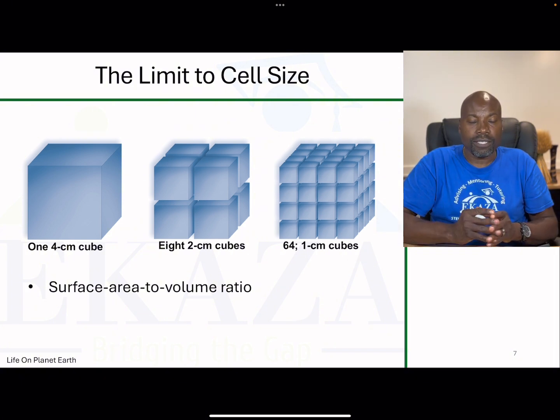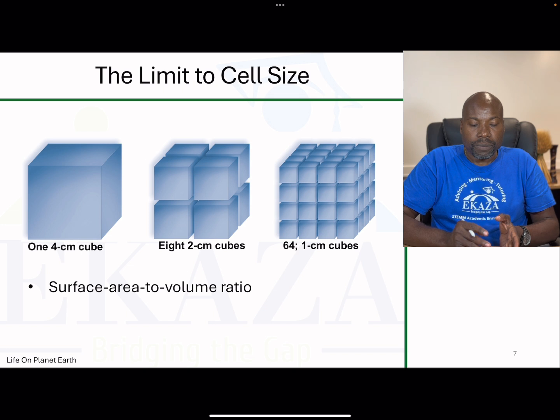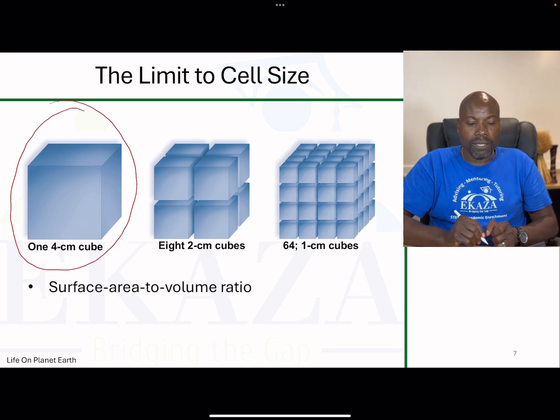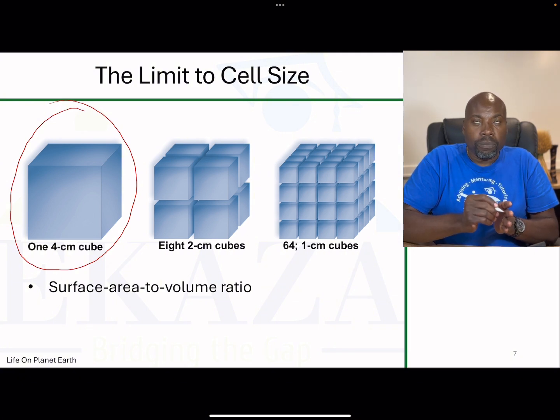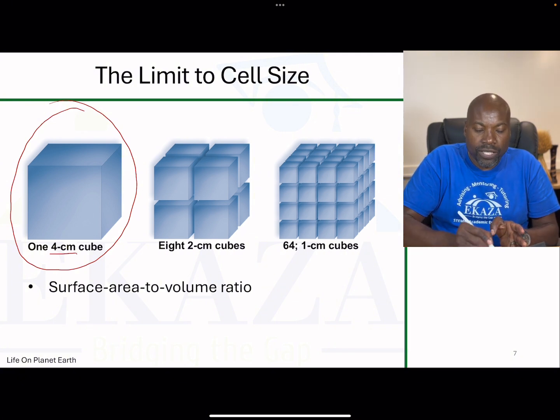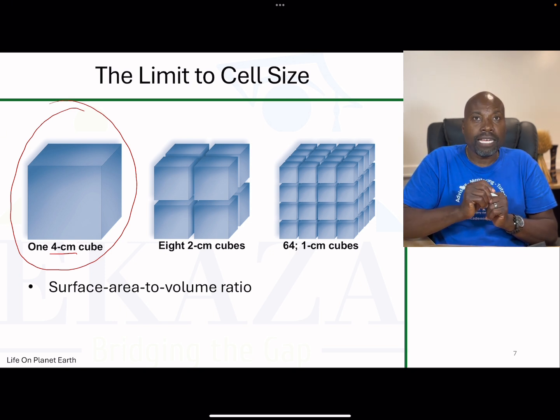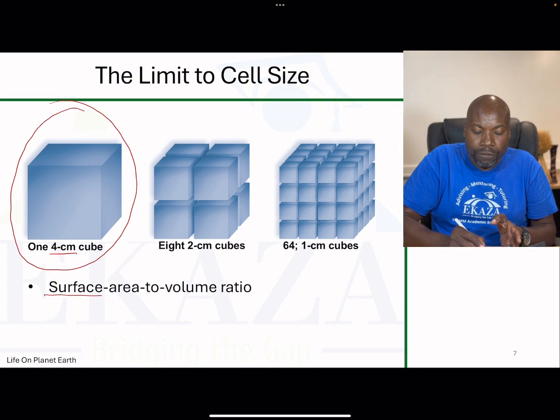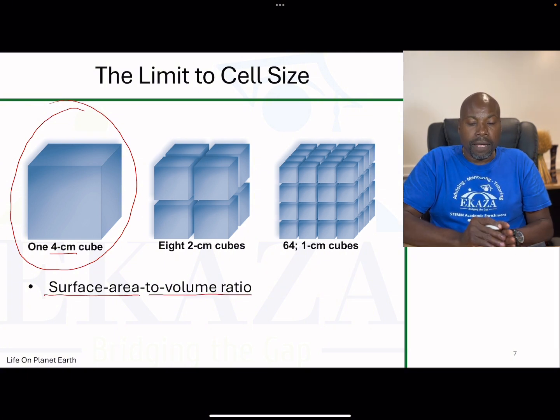So, for instance, if you consider this cube here, it's one single cube and each side is 4 centimeters. So that's one 4 centimeter cube, right? That 4 centimeter cube has a certain surface area to volume ratio, right?